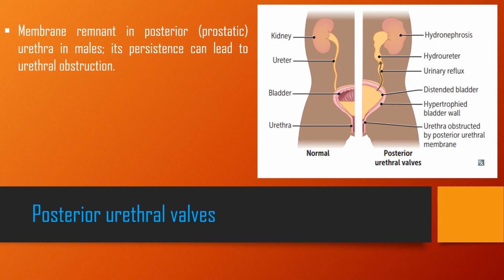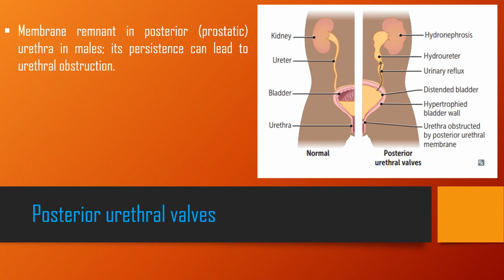That's why we'll see some changes here, like the hypertrophied bladder wall and distended bladder, as the urine accumulates. Due to the accumulation of urine in the bladder, the urine refluxes into the ureter and the kidneys.